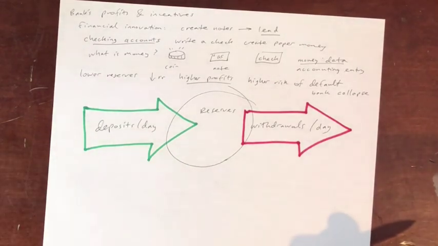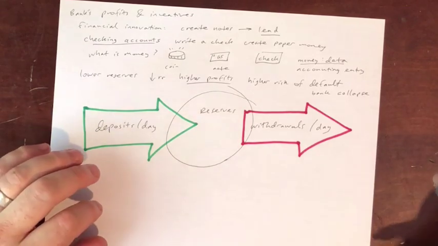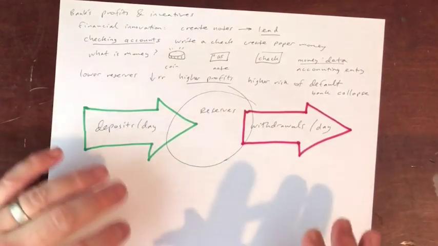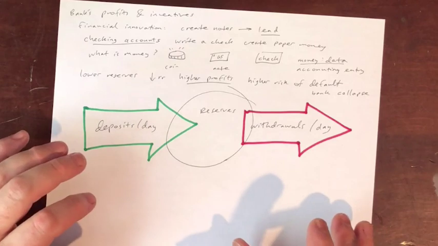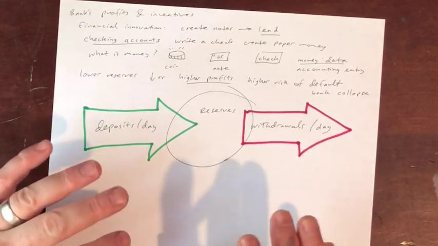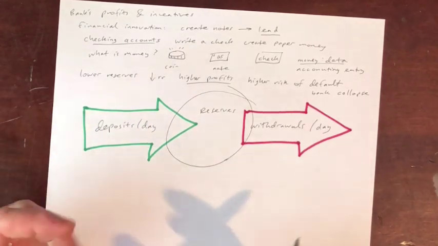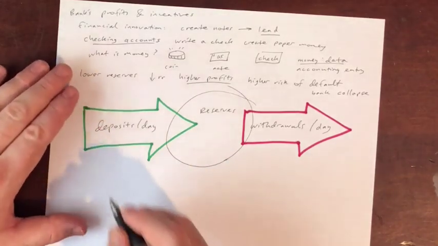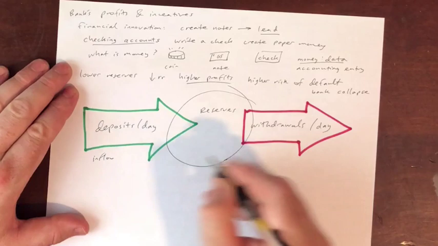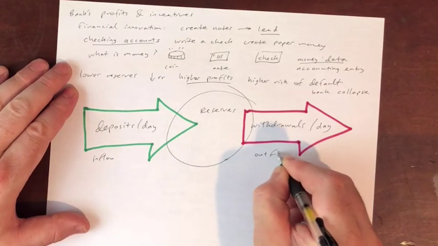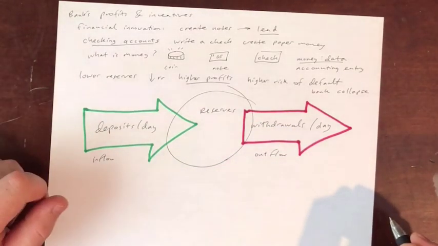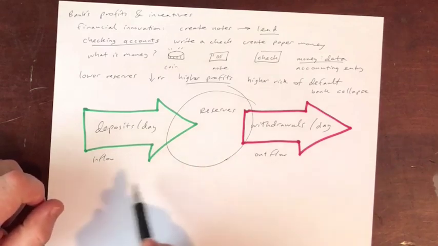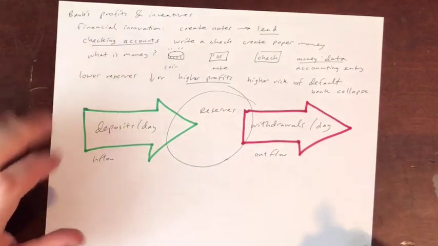Before, we looked at the total amount deposited, the total number of notes. Now we're looking at it in a more fluid fashion, as a matter of the flows, the inflow and the outflow. Deposits represent the inflow, withdrawals the outflow. See it as a stream: water is flowing in, water is flowing out.